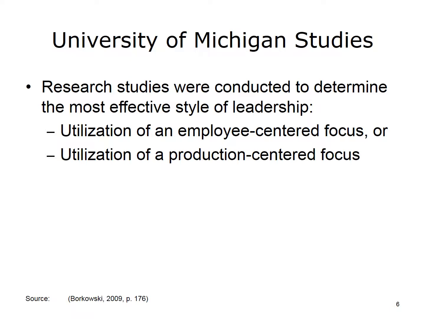The researchers focused on identifying the most effective style of leadership based on two dimensions of leadership behavior. They focused on utilization of an employee-centered focus and utilization of a production-centered focus. In the next two slides, we'll look at these two foci in a little more detail.